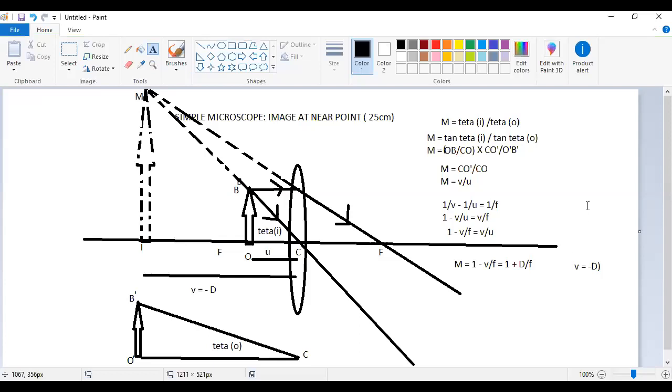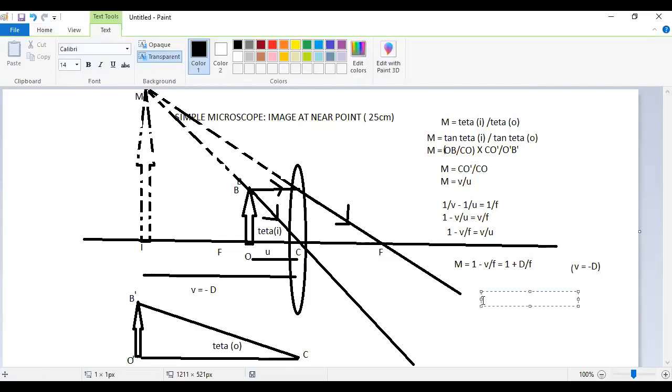So now all the factors are constant on the right hand side. Just by knowing the focal length, you can find the maximum magnifying power. If focal length is 10 centimeters, M is equal to 2.5 plus 1, 3.5.